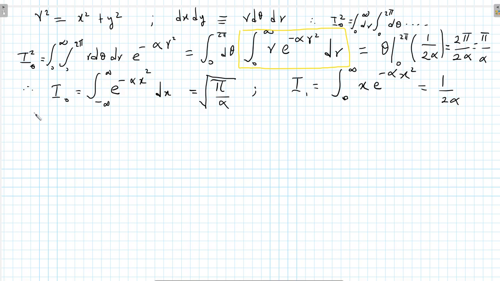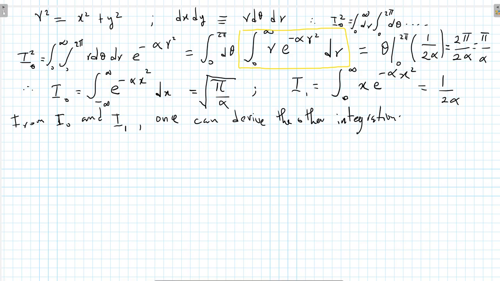So from I0 and I1, one can derive the other integration formulas that we call, for example, so from I0 you can get I2, I4 and so on, and from I1 you can get I3, I5 and so on.